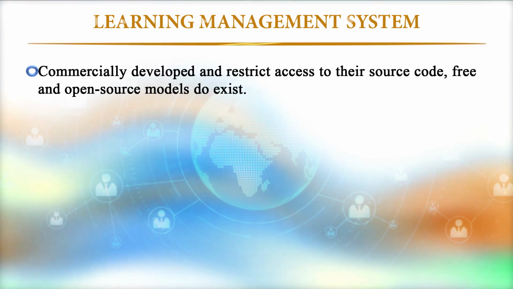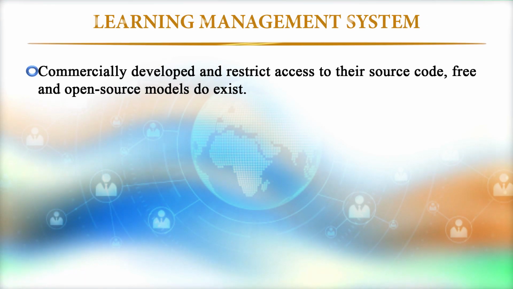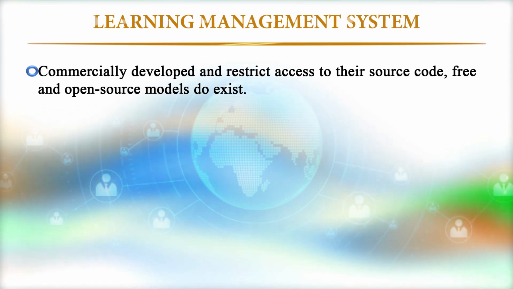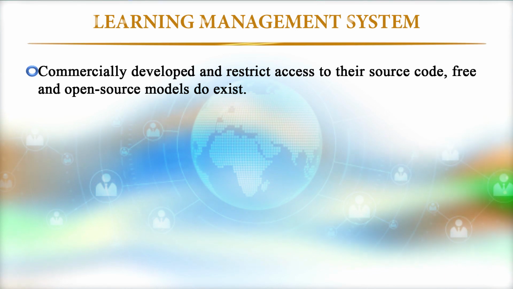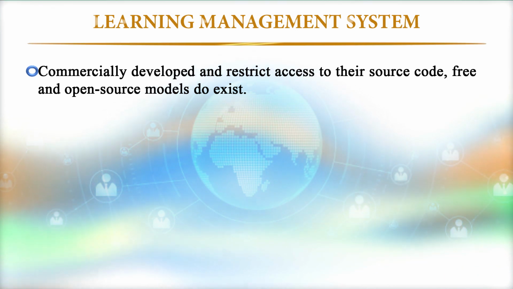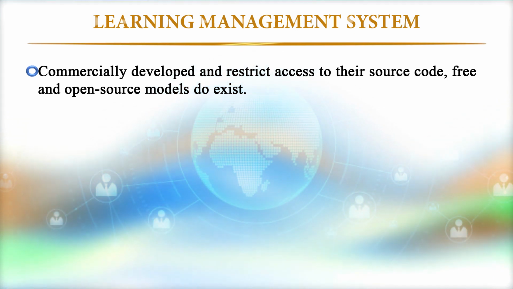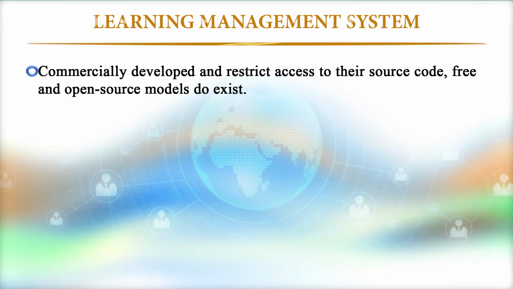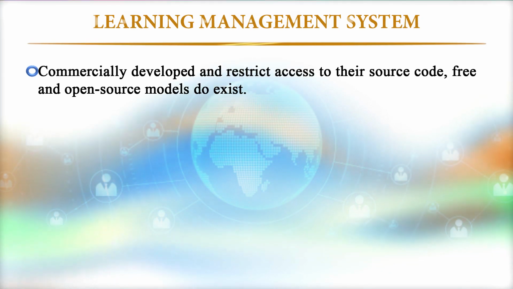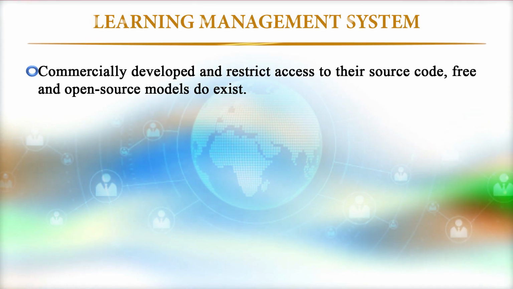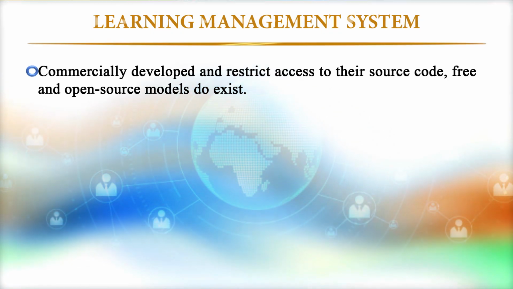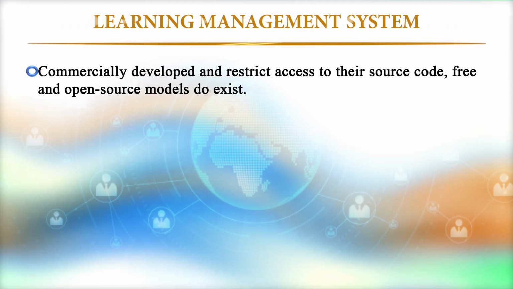A learning management system may be commercially developed and restricted in access to its source code, or a free and open source model may also exist. That means there are two types of learning management systems available. One is the commercially developed learning management system, for which you have to purchase the source code or otherwise get the facilities from the developers.